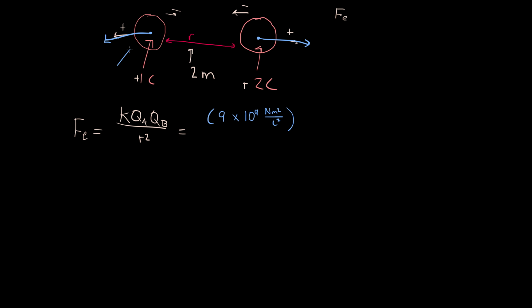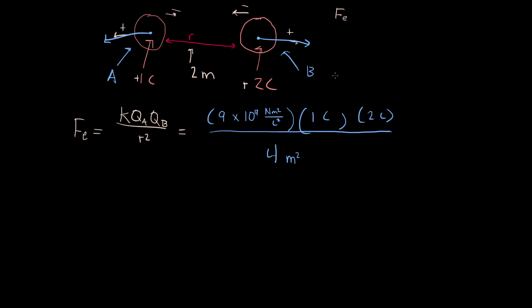Well, we'll say that this is object A, and then we'll say that this here is object B. So that has us as 1 Coulomb for object A. We're multiplying it by the 2 coulombs of object B. And then we're putting that over 4 meters squared because we're squaring this distance r.